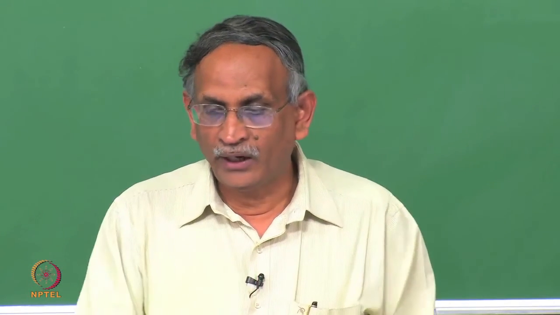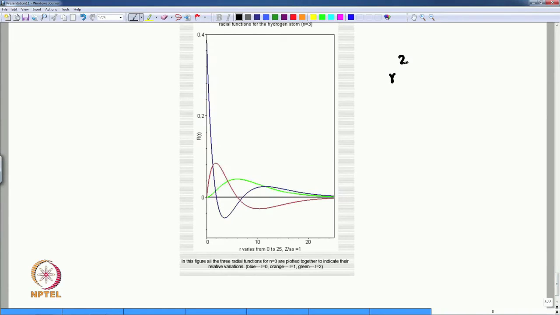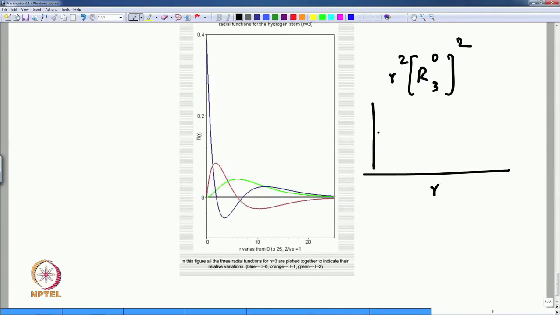So if you look at the radial square functions, namely the r square times R3,0 squared, the radial probability will look somewhat like this quantity here, with the two nodes corresponding to the points where the radial function goes to 0.